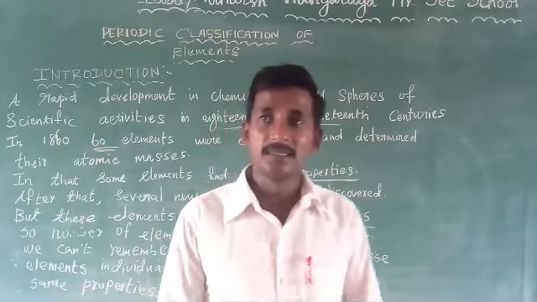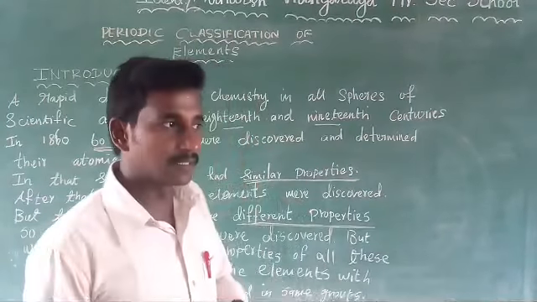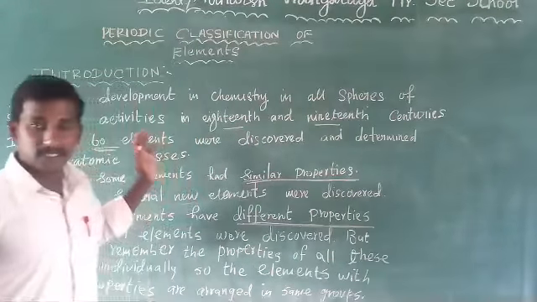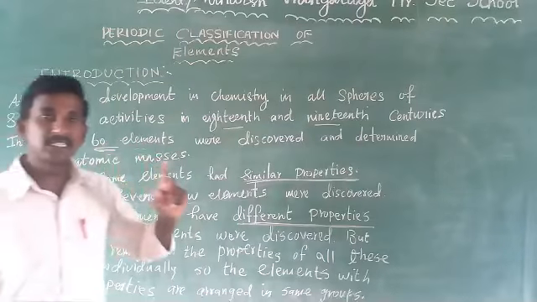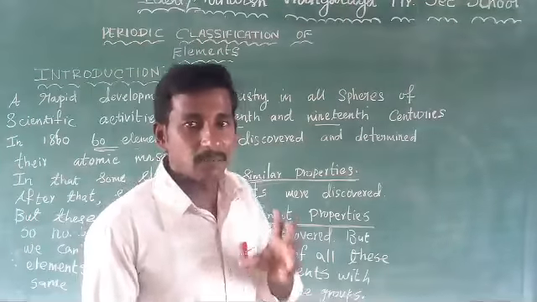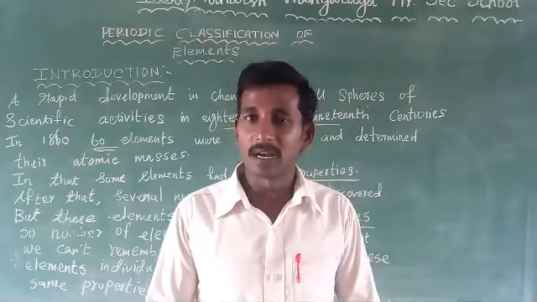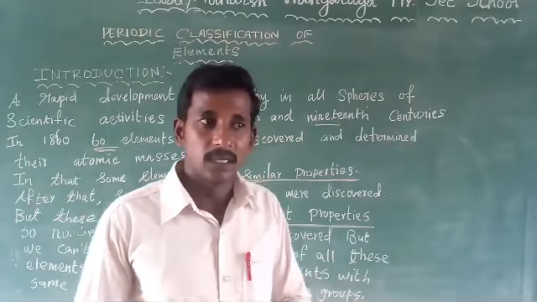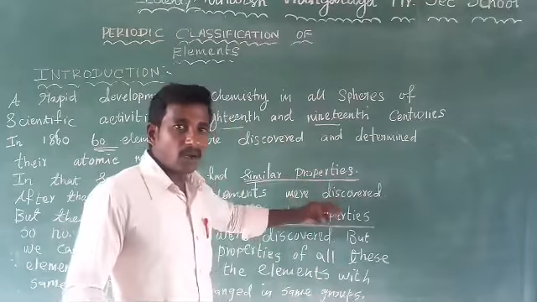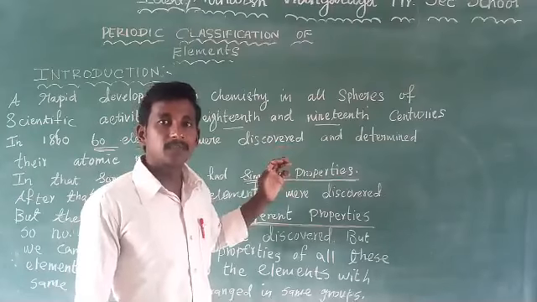For example, in 1860, only 60 elements were discovered. In that, all the elements had similar properties.